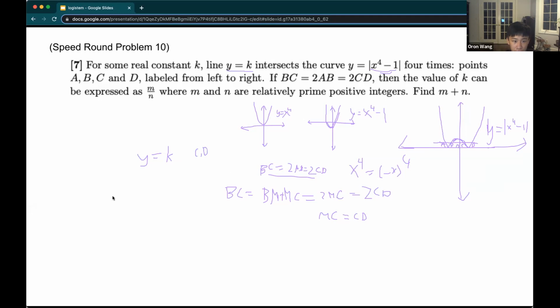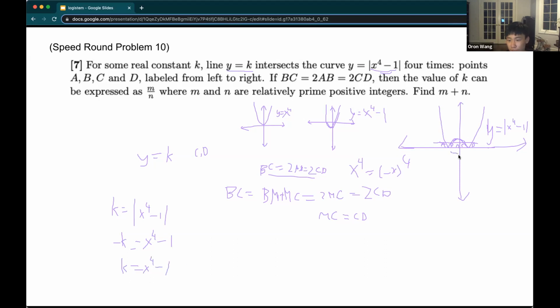So now let's suppose k equals absolute value of x to the fourth minus 1. Let's find the solutions of this. Well, we see that this is either x to the fourth minus 1 equals negative k, or x to the fourth minus 1 equals positive k.